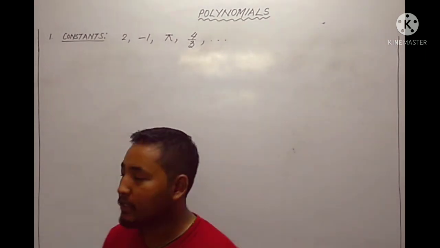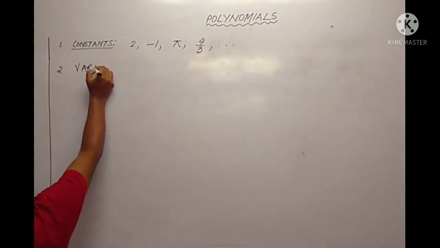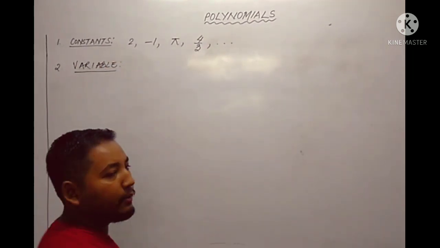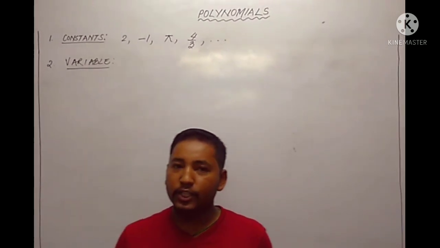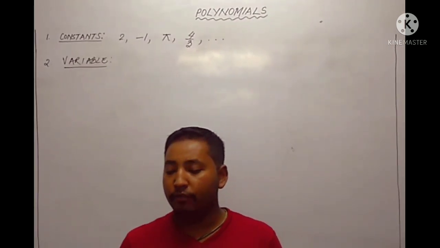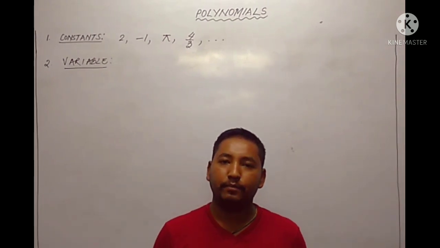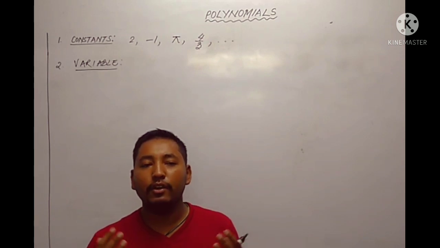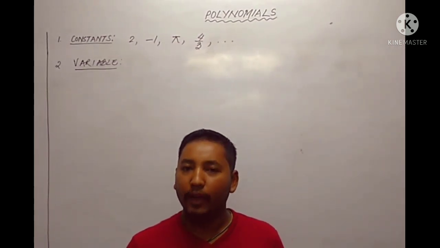The next term is variable. Now what are variables? The symbols which assume different values in different situations are called variables.